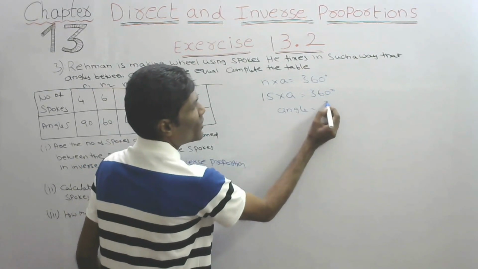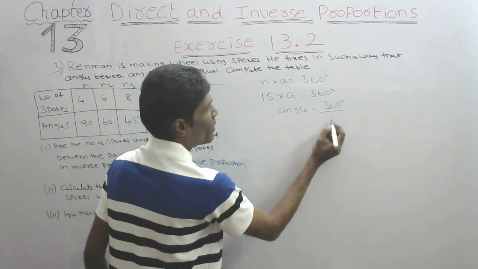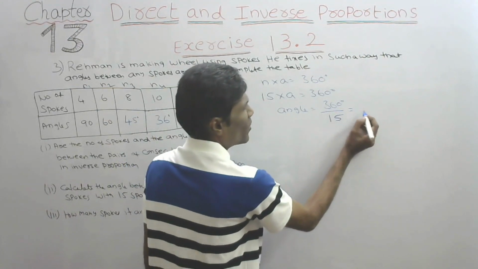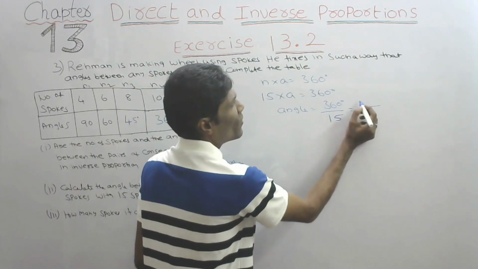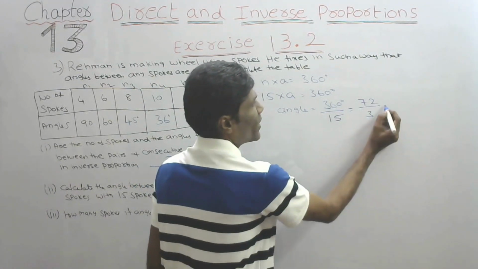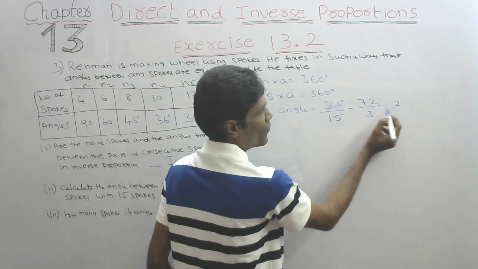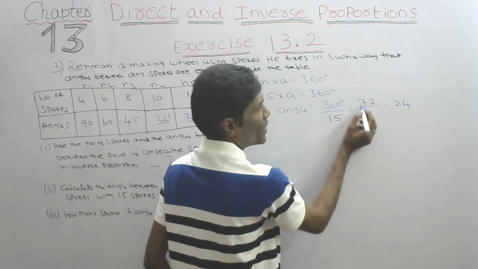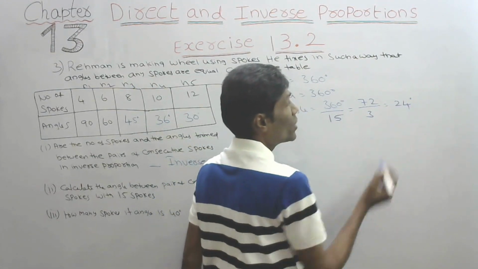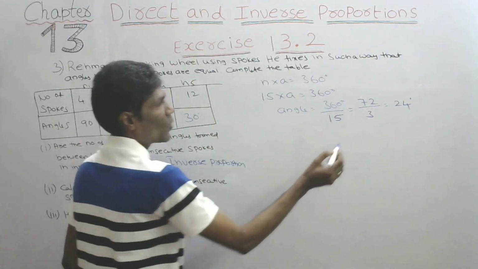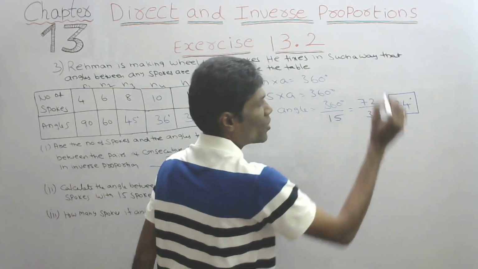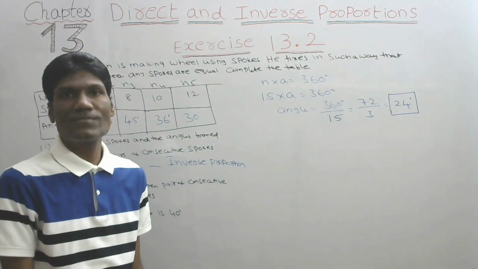Angle equals 360 degrees divided by 15. 15 3s are 45, 15 4s are 60, so 360 by 15 gives us 24 degrees. So the angle is 24 degrees.